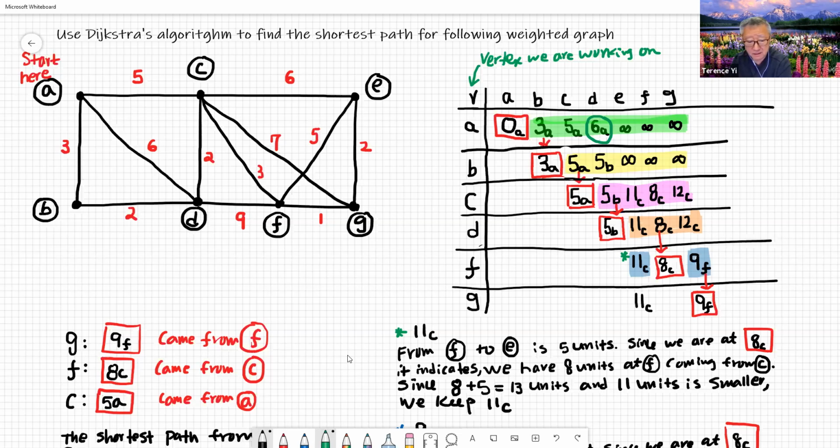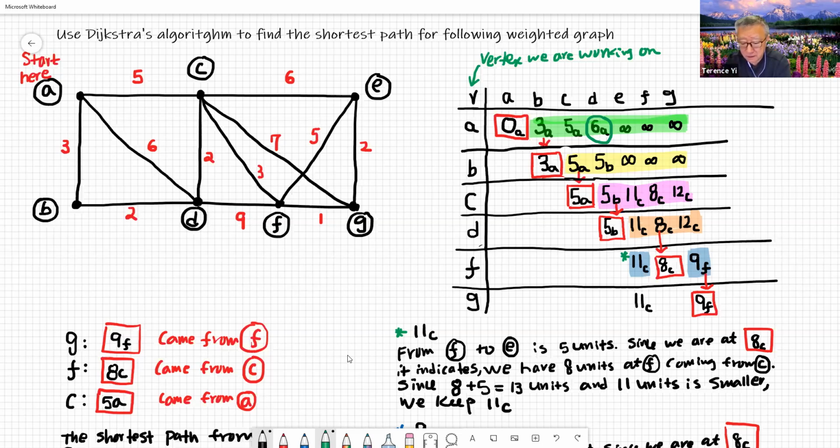Since we are at 8C, it indicates that we have 8 units at F. So what we're saying here is that we are at F, but 8 units are coming through the vertex C. Since 8 plus 5 equals 13 units, that's what we have up here.